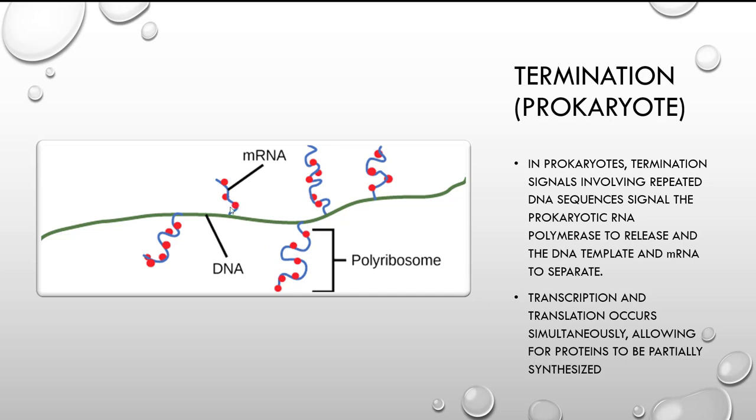Translation is already occurring while it's still being transcribed, so those proteins are already partially being made while it's still in the transcription process. So that's pretty neat. It just means that proteins can be made pretty quickly inside a prokaryotic cell versus a eukaryotic cell.